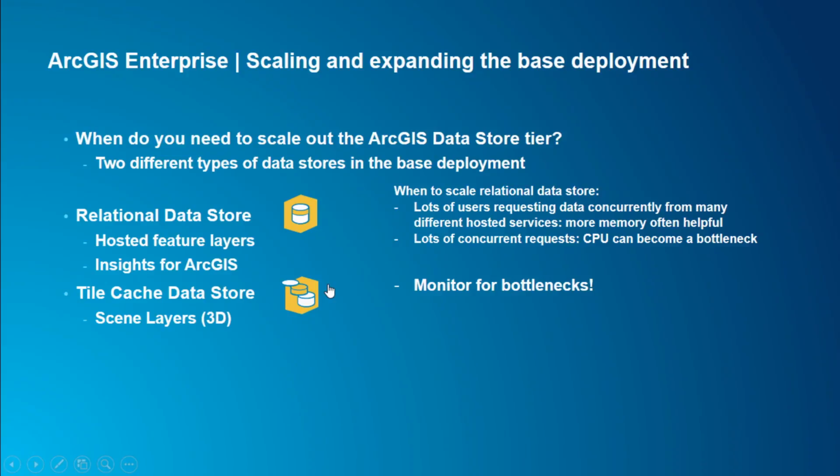But the more of those services that are actually in use, the more there's memory and CPU consumption at especially the database tier. So something to be aware of and something to monitor. As you open up self-service mapping to your organizations and lots of those services are generated, be aware of this tier and what is going on there. The key thing is to always monitor for bottlenecks.